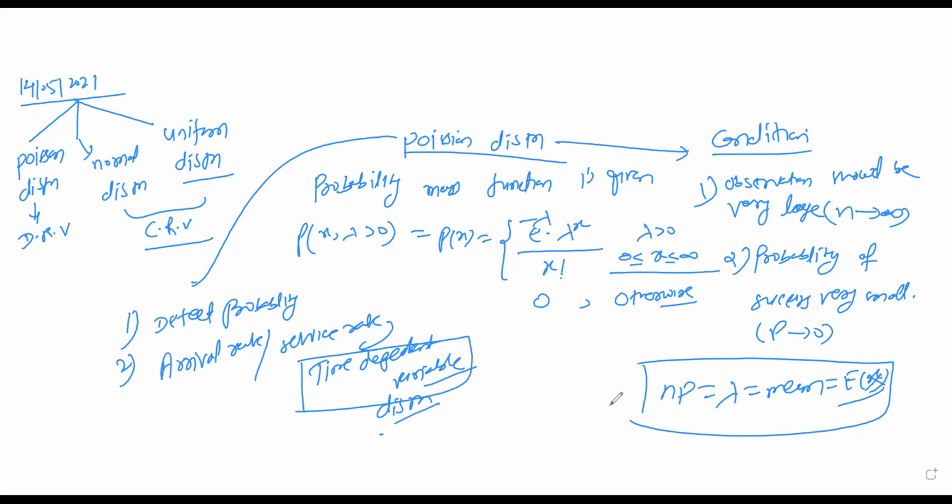And mean is the number of observations into the probability of success. And the x factorial into e raised to minus lambda into lambda to power x, this is the probability mass function. You remember that this comes under the discrete random variable.